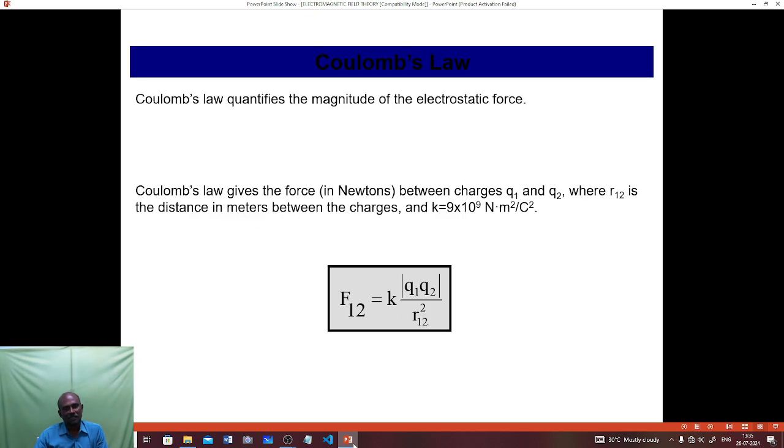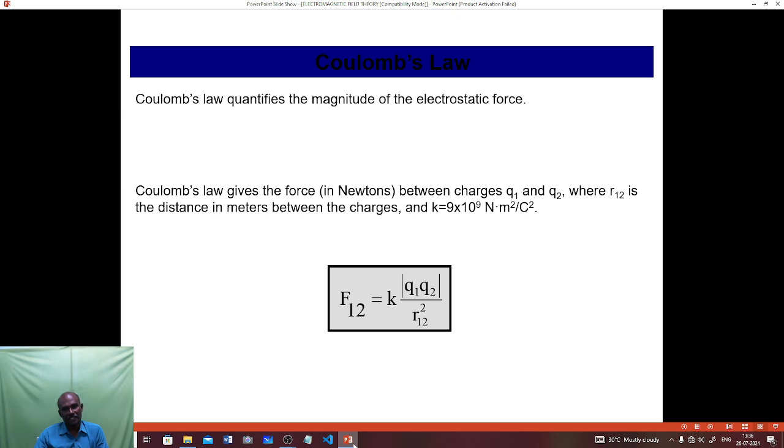Coulomb's law. Coulomb's law states the force between two charges, and also gives a mathematical formula to find the force between any two charges. Here F12 is a constant K times the product of the two charges Q1 and Q2, divided by the square of the distance between them, R12. F12 is K Q1 Q2 by R square.